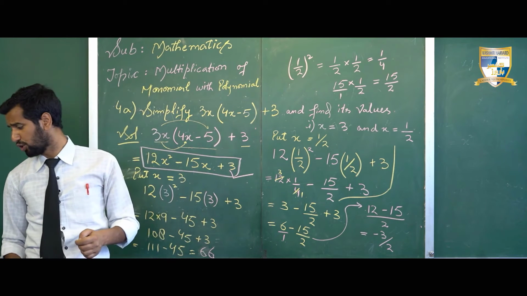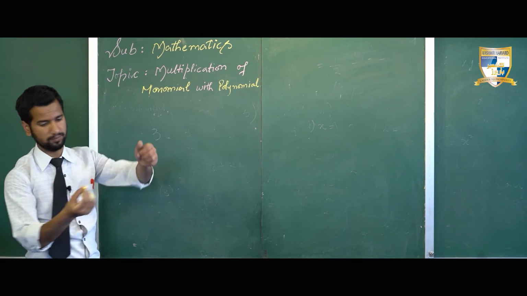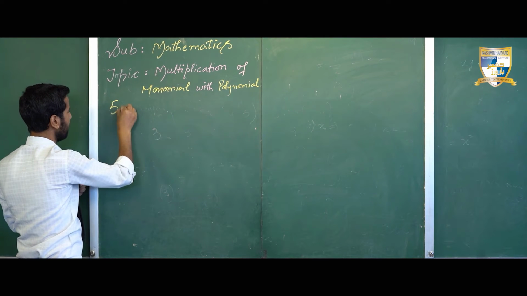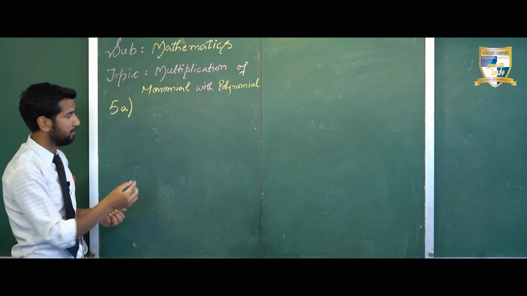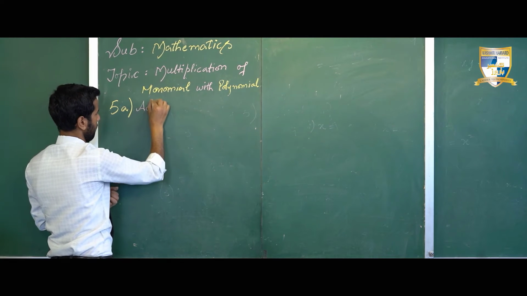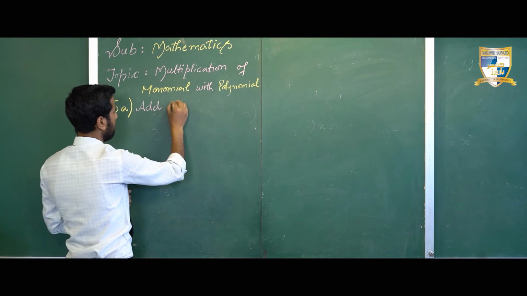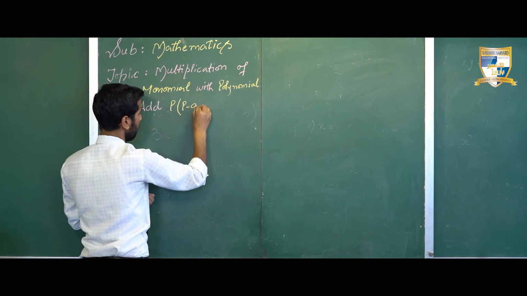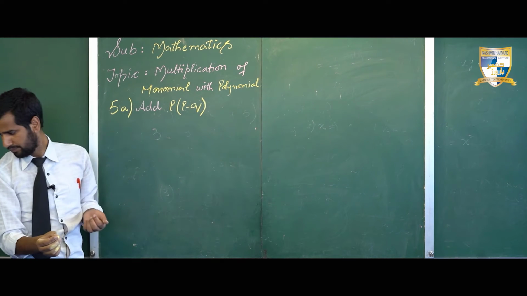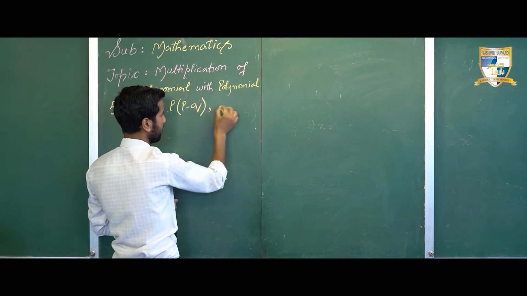And now I am going to show you question number 5, part number A. So question number 5, part number A is add. What we are going to add here? P minus Q, and this is the first expression.